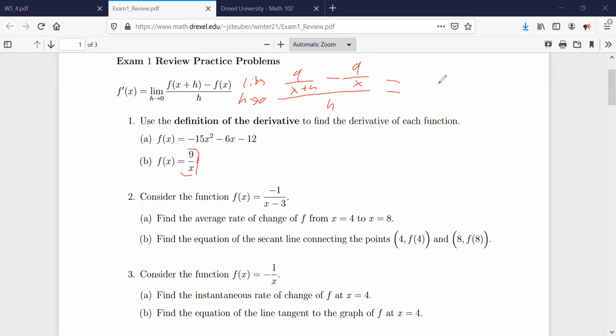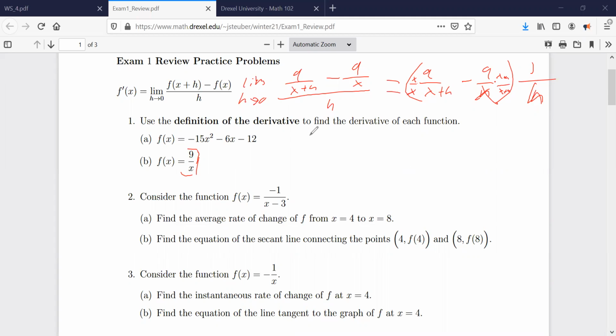I'm actually just going to rewrite this as 9 over x plus h minus 9 over x, and then just multiply this whole thing by 1 over h. I think that will make things easier to see in a minute. But in the meantime, I'm going to multiply this guy by x plus h over x plus h, and this guy by x over x.